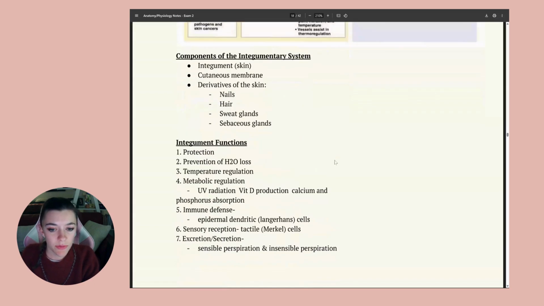Now we need to know some of the functions of the integumentary system. Pause right now and see if you can try and remember any. All right, so we've got protection, prevention of water loss, temperature regulation, metabolic regulation, and that's going to be UV radiation, vitamin D production, calcium, and phosphorus absorption.